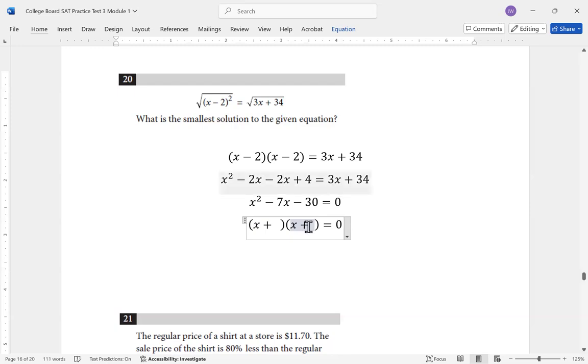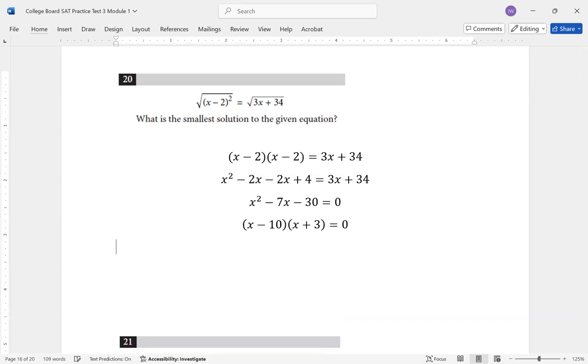And the numbers need to multiply to negative 30 and add to negative 7. And so the numbers that I'm going to look for are negative 10 and a positive 3. That's the two numbers that I want. Those two multiply to give me negative 30, add to give me negative 7.